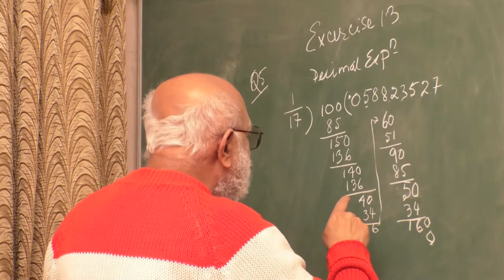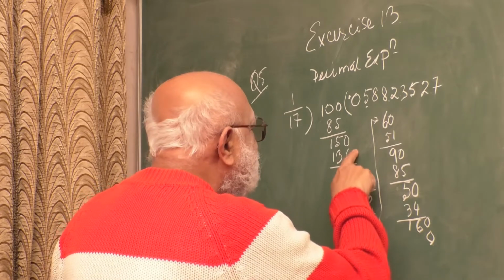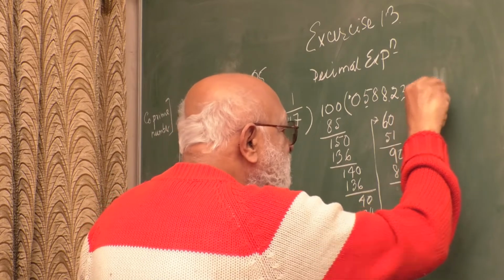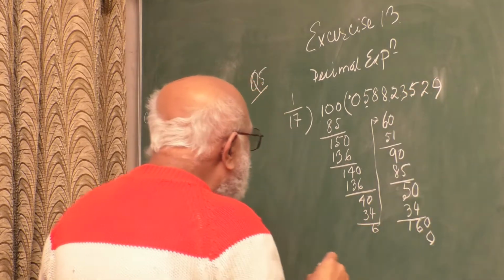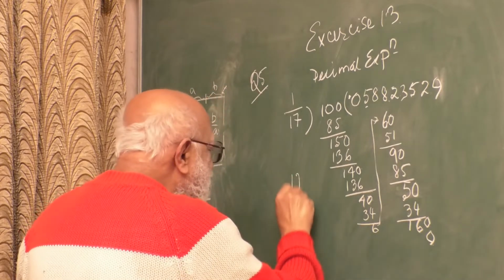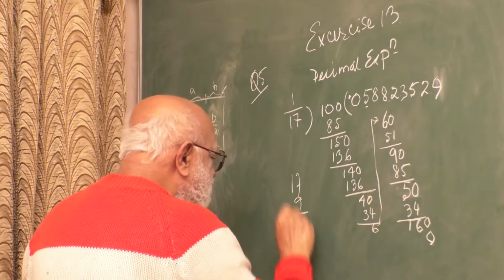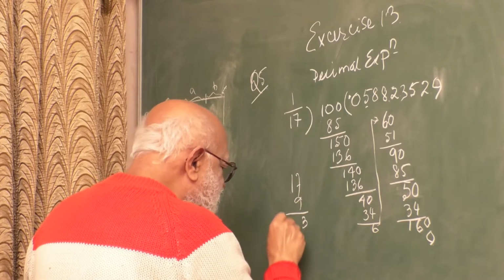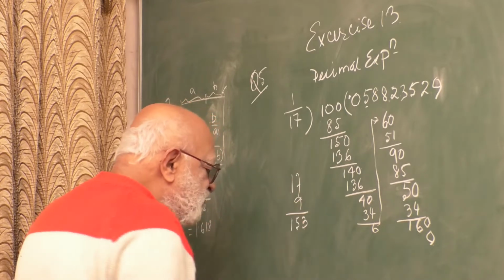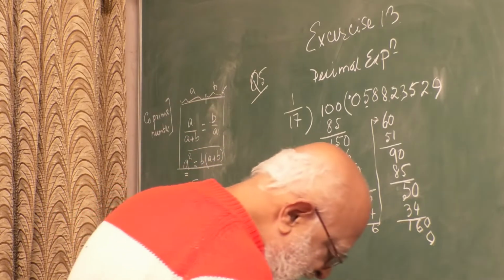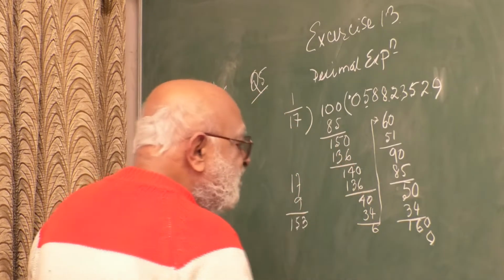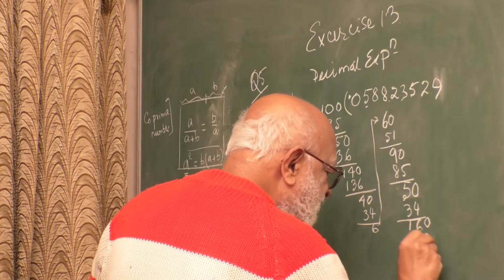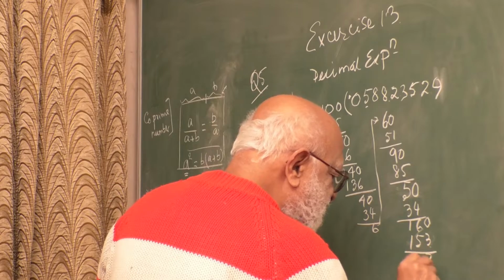So this should be more than 8. So this should be 9 here. So if I use 9, so 17 into 9, this is 63, and 6, so 153. So I think that should be a 9 here. So 9, I will use 153, so 153, this is 7.